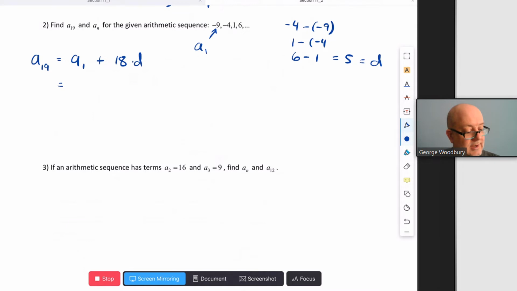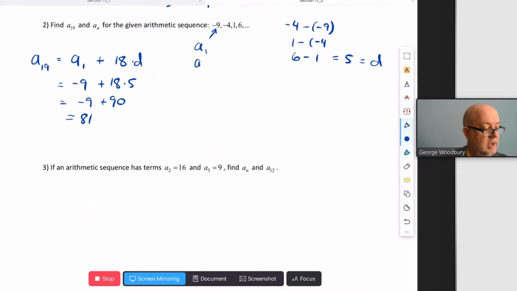And that is -9 plus 18 times 5, or -9 plus 90, which is 81. So if we kept adding 5, eventually we would hit 81 for the 19th term. But now we can find it a lot easier than continually adding 5.